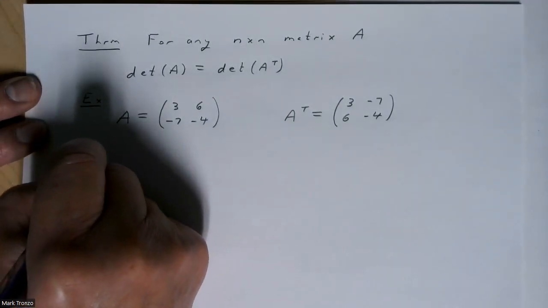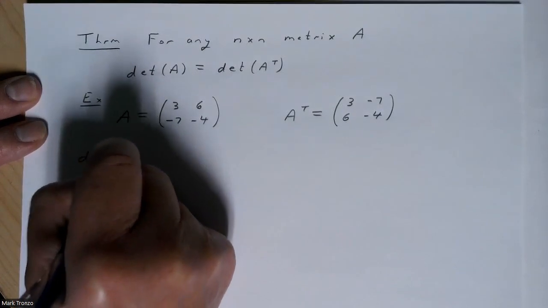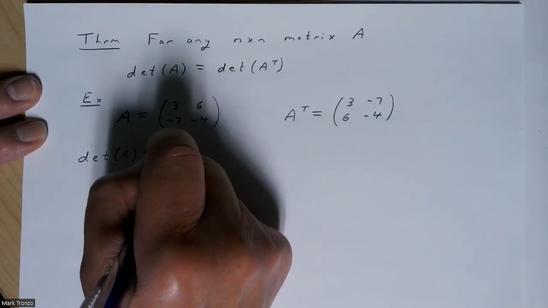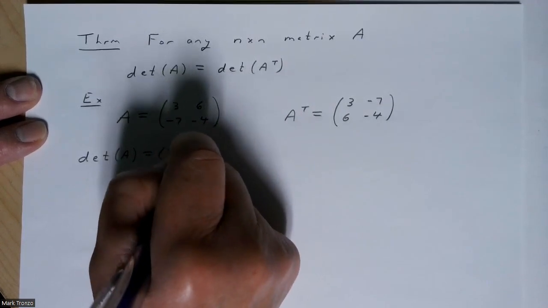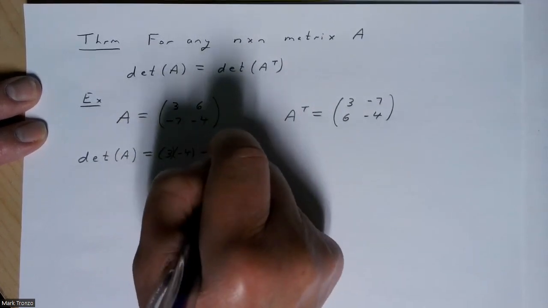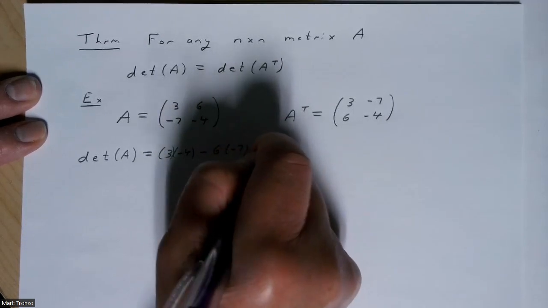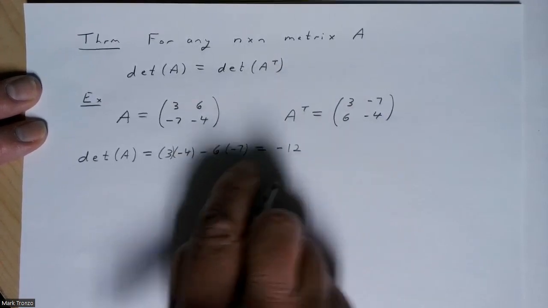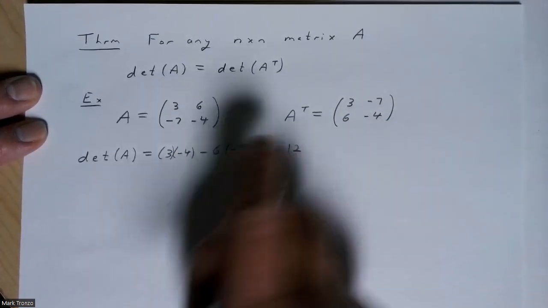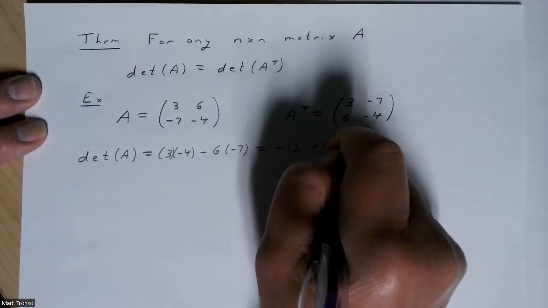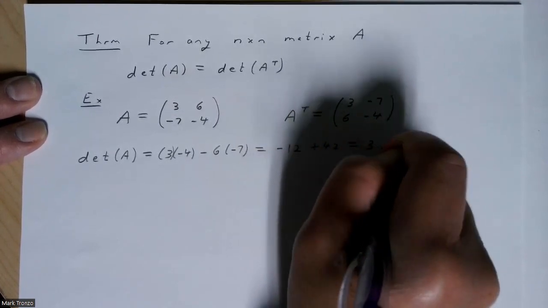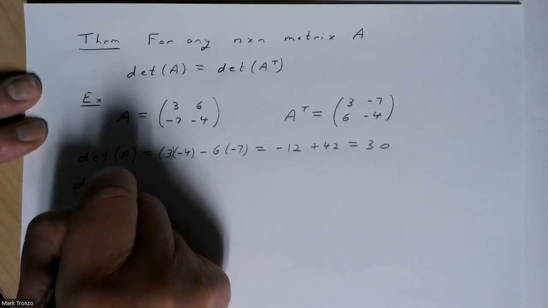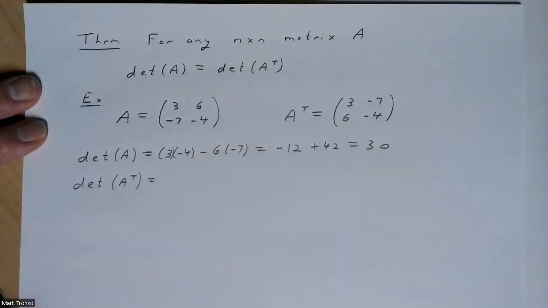And let's check the determinant. The determinant of A, upper left times lower right, minus upper right times lower left. So this is going to be what? Minus 12. And that two negatives will be positive, so it's plus 42. So it looks like that's 30. And now let's look at the determinant of A transpose.